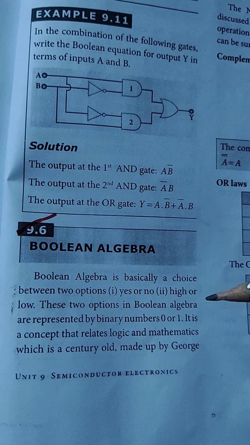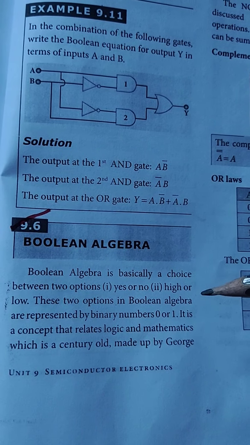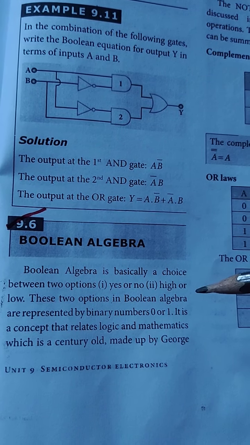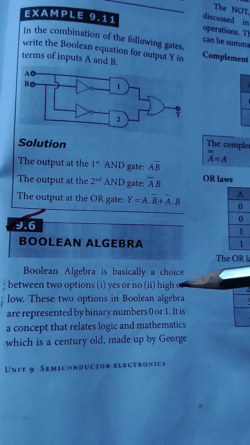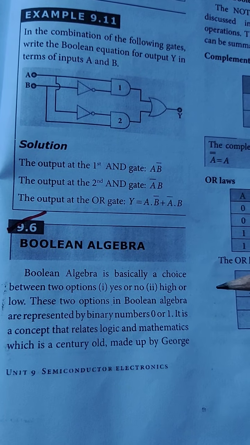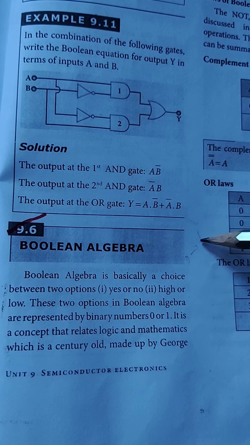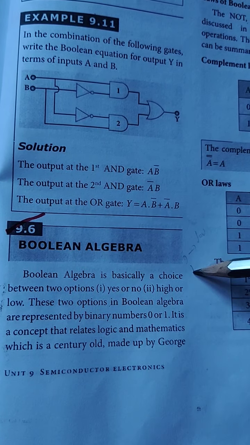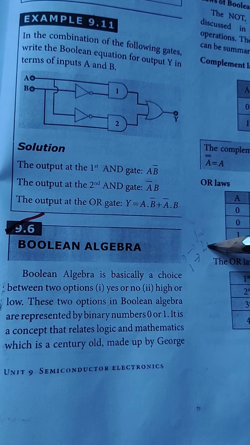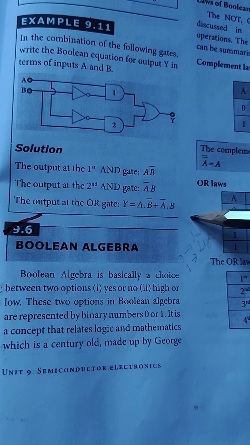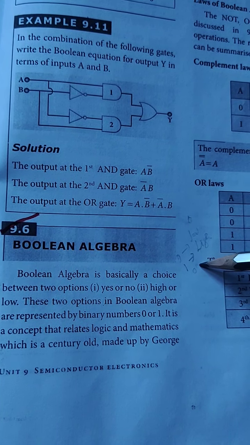Boolean algebra is basically a choice between two options, yes or no, or high or low state. The input value 0 must be the low value, and 1 is the high value, which means 0 is the off state and 1 is the on state.